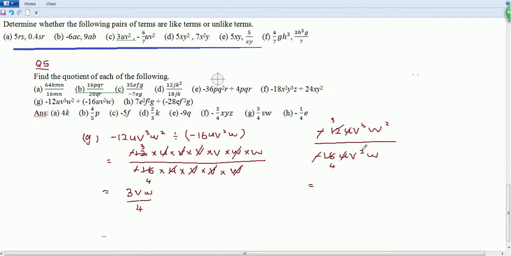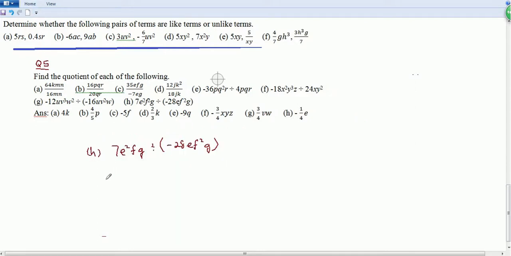So 3 minus 2, you have 1 left. Cancel this one, you have 1 left. Okay, this one is w to the power of 1, this one to the power of 2. 2 minus 1, you have 1 left. Okay, so the answer will be 3vw divided by 4. You will get the same answer. And I suggest that if you have tried a lot of questions, it's better you do it this way because it is faster. Okay, so I go to part 8.